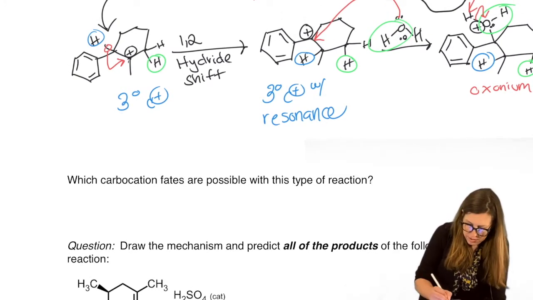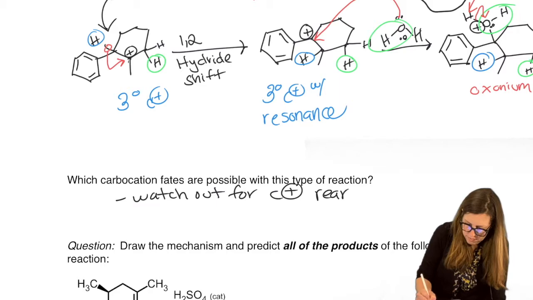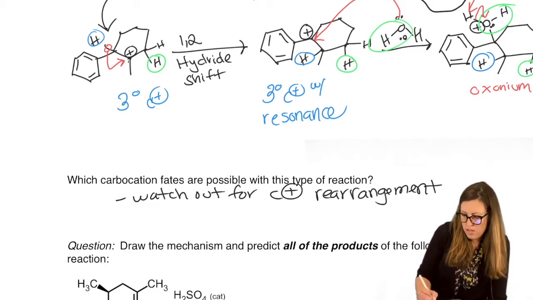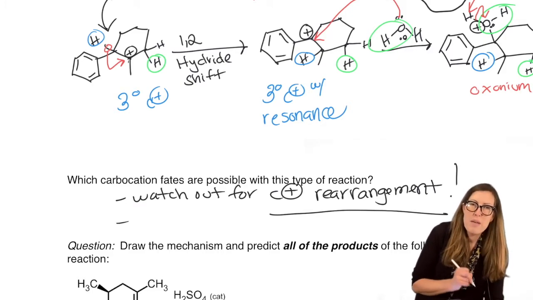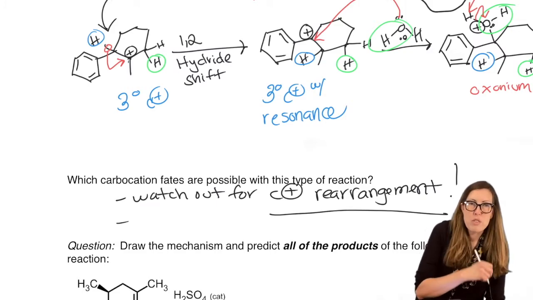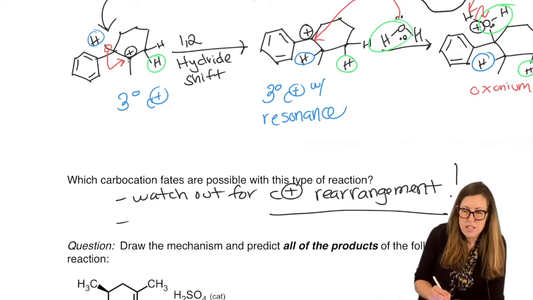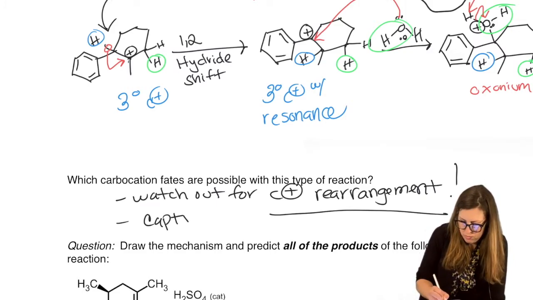All right. So like I said here, I wanted to really focus on, at the moment, that we watch out for carbocation rearrangements, right? And then it's never going to eliminate to form a pi bond because that would take us backward to the alkene. So the other fate is capturing the nucleophile.